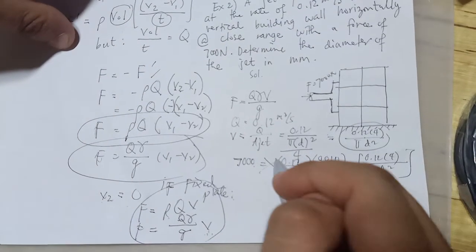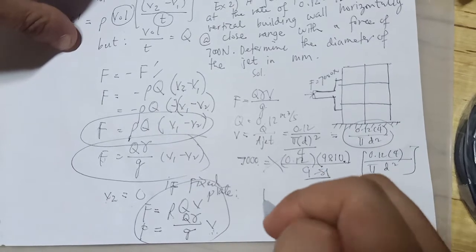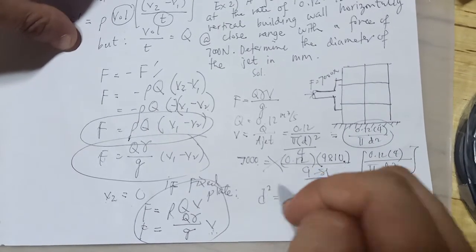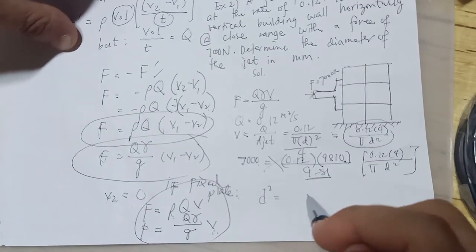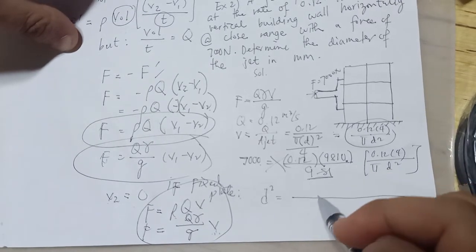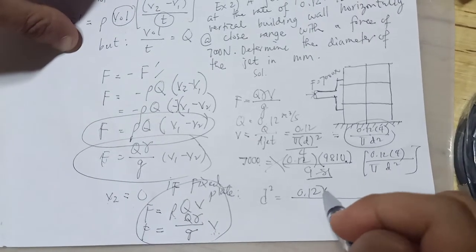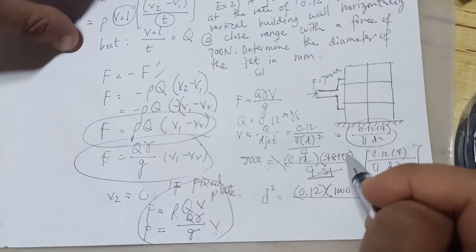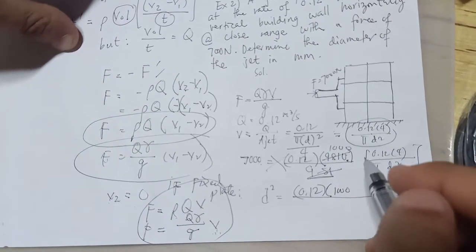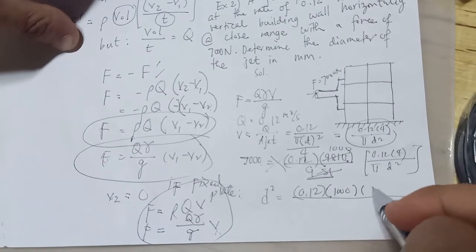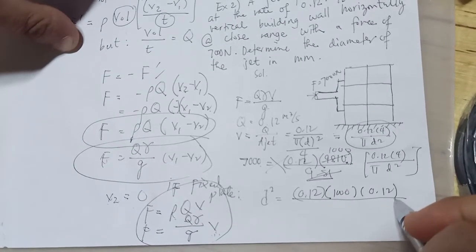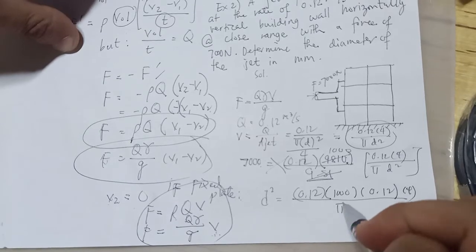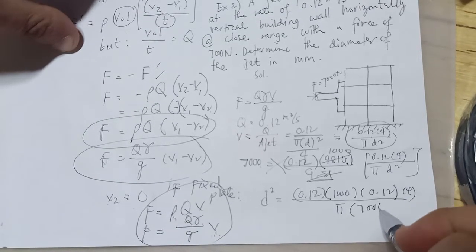So doing the math, cross multiplication, it turns out that our D squared now is 0.12 times 1,000, diba? Magiging 1,000 to. Times 0.12 times 4 over pi times 7,000.